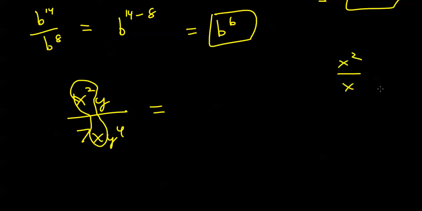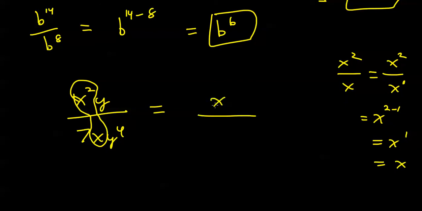If you don't see it, well, x squared over x, anytime you see a factor of x, there's really an invisible exponent of 1, and x squared over x to the first power, well, by the formal rule, it's x to the 2 minus 1, which is just x to the 1st power, which is just x. One factor of x will remain in my numerator. I call that a residue factor of x will be remaining in the numerator. Similarly, y over y to the 4th power. Well, let me do a little side work here.